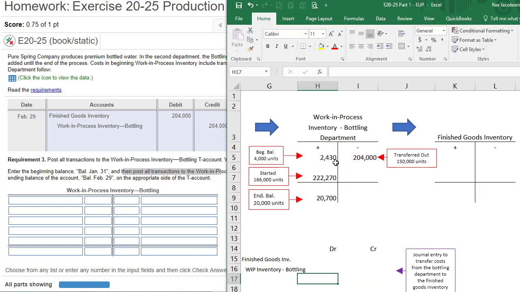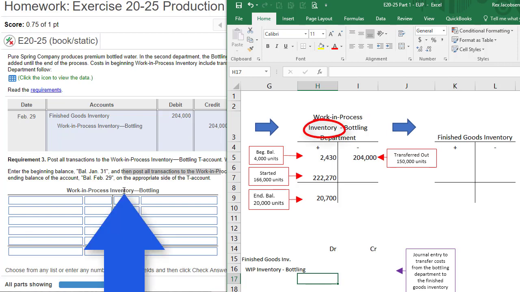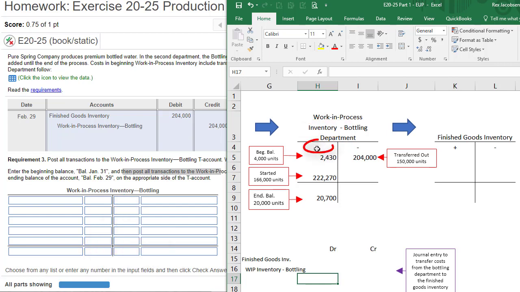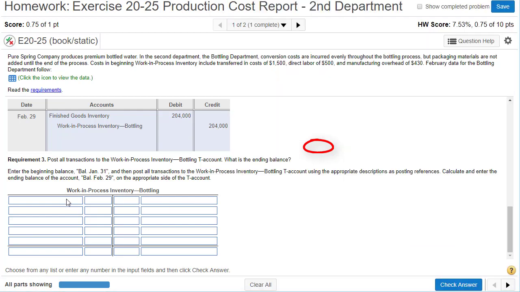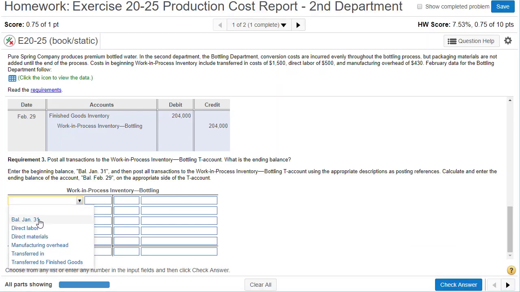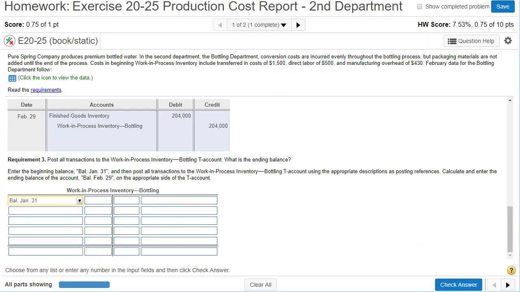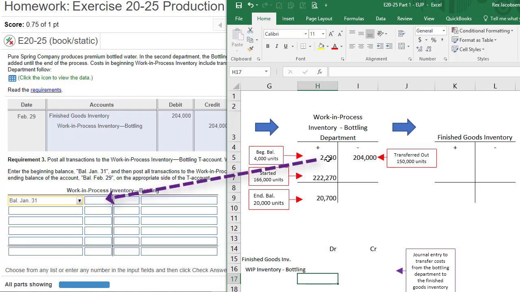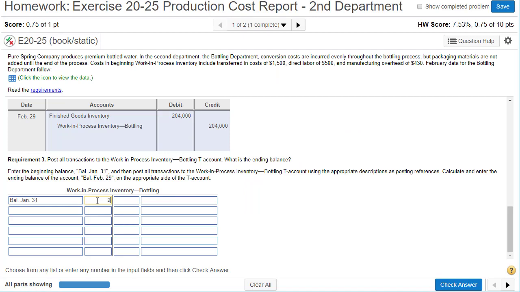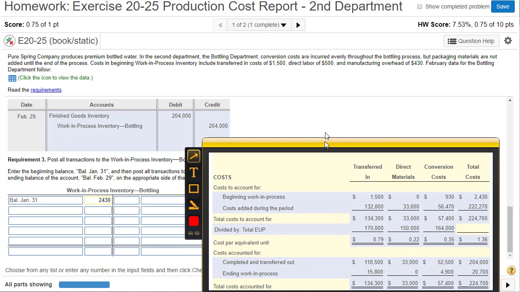So first of all, we need to know which side is the plus side, and because this is an inventory account, notice it says inventory, the plus side is on the left side. So we need to start with our beginning balance. And as you can tell, we already have our beginning balance. We've already calculated this, so it's 2430. Now, if you're wondering where that came from, here's a screenshot.